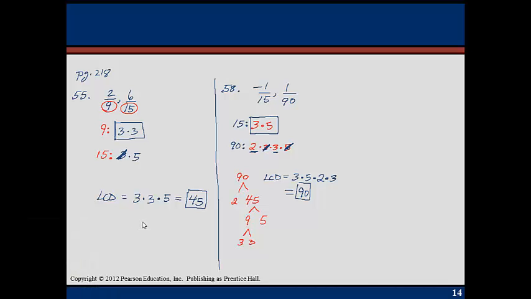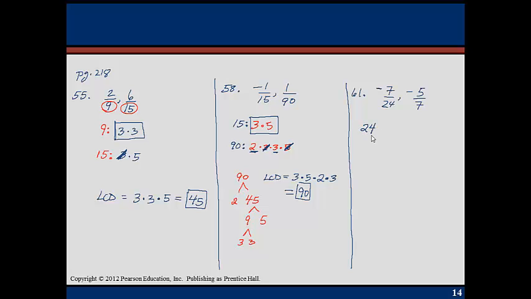Alright, let's look at number 61. And it says negative 7 over 24 and negative 5 over 7. So go ahead and start by writing down the denominators.